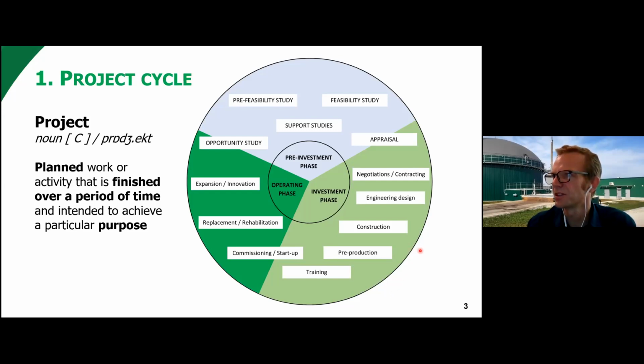There are other types of cycle diagrams, but they more or less all have the main phases. Let's say pre-investment. That includes especially a range of studies, including feasibility study and pre-feasibility study, starting with opportunity studies and ending with appraisals of studies that were carried out in this phase.